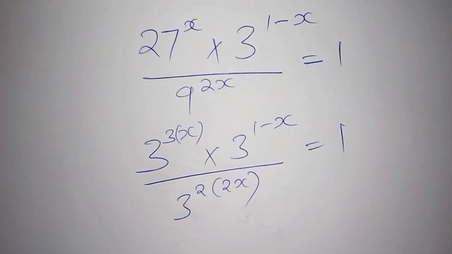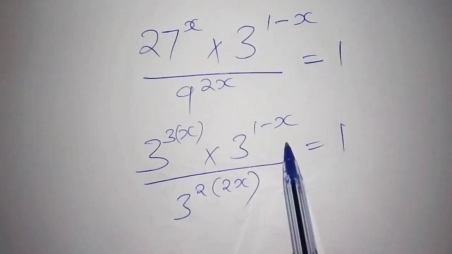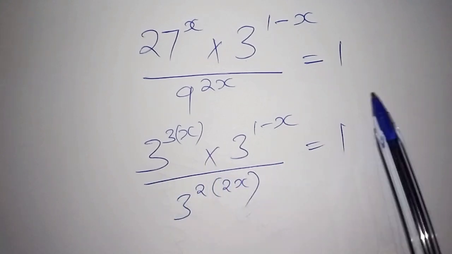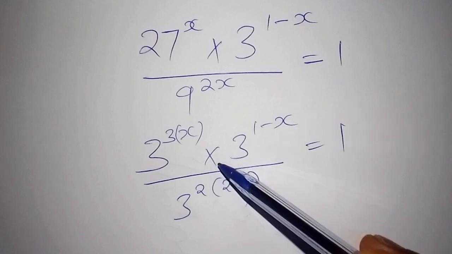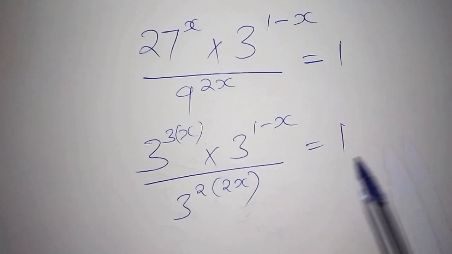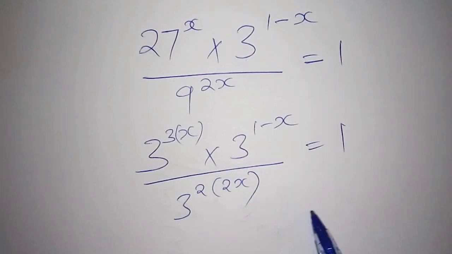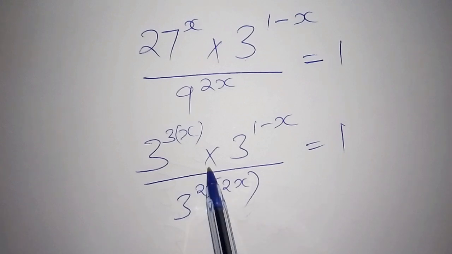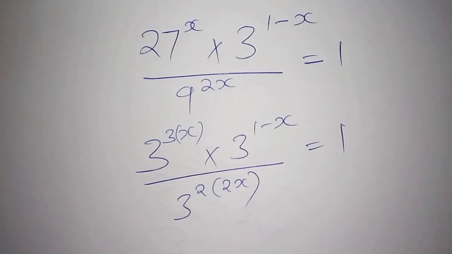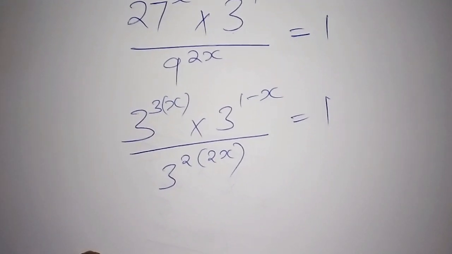which is equal to 1. The next step is to open the bracket by changing this sign, the multiplication, to addition, because the rule of power states that whenever you see a multiplication sign, that's the first rule, we change it to an addition sign. So let's now open the bracket first.